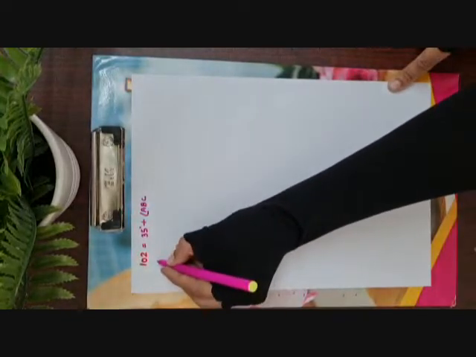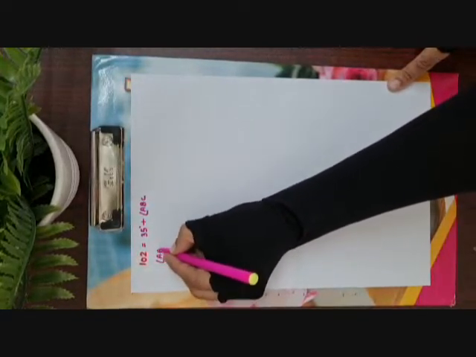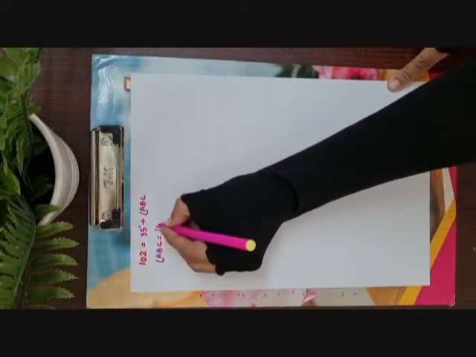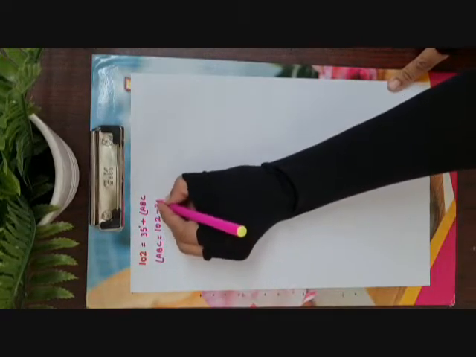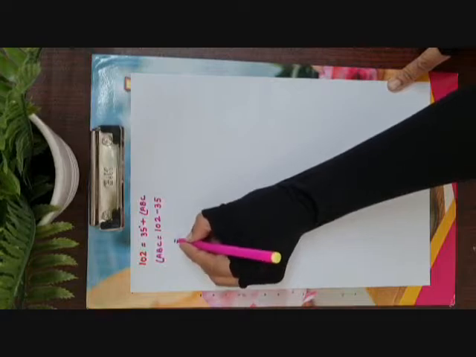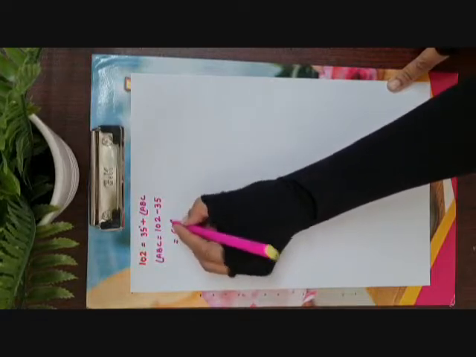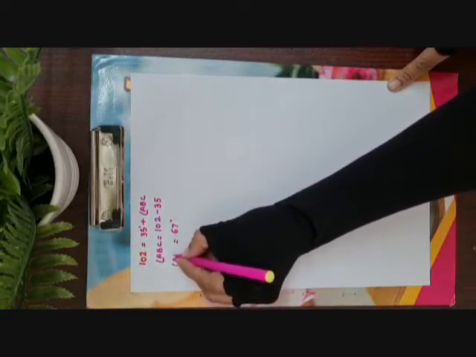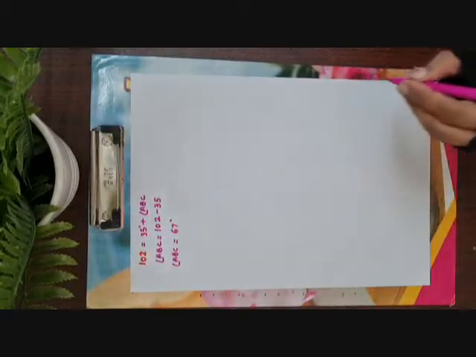So I can find the value of angle ABC by simply subtracting 35 from 102. 102 minus 35 is nothing but 67 degrees. So we have angle ABC is equal to 67 degrees.